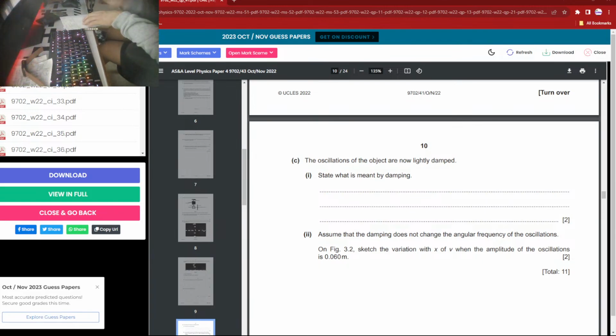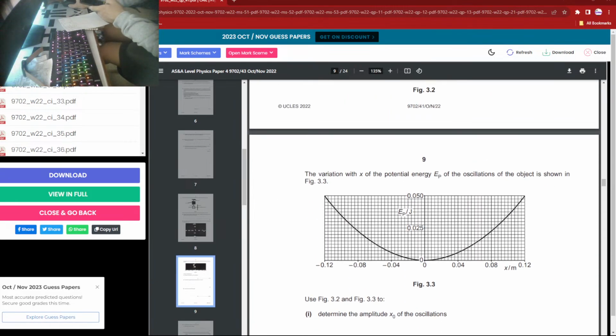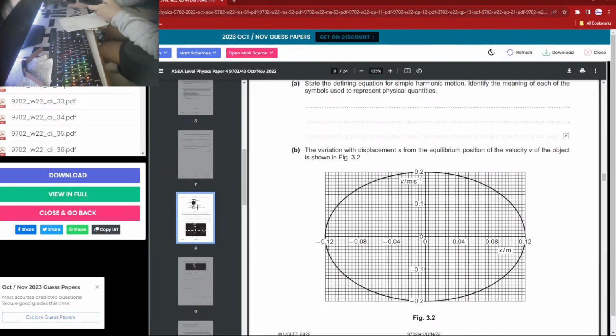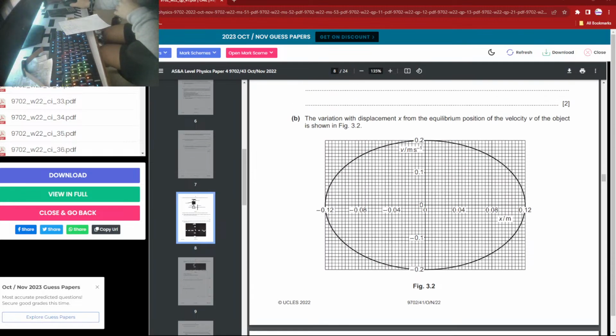We know that angular velocity is 1.7, so your maximum velocity will be 1.7 times 0.06. That will give you 0.102. So it will be somewhere here, which is half of it. Then you would draw a graph. You know that your max speed is 0.102.